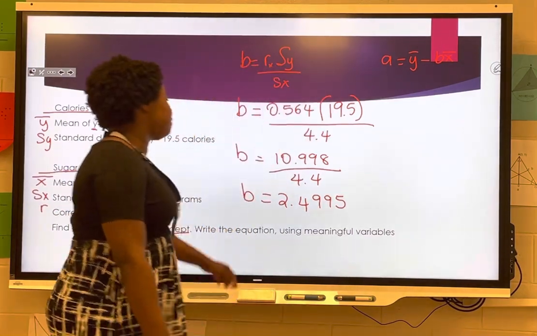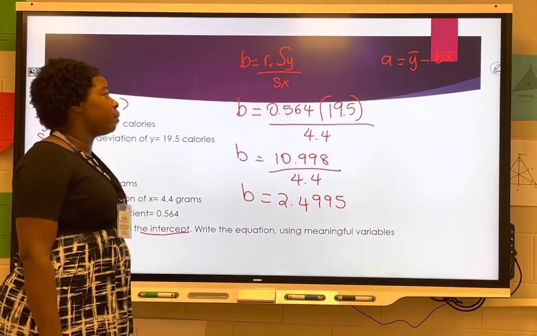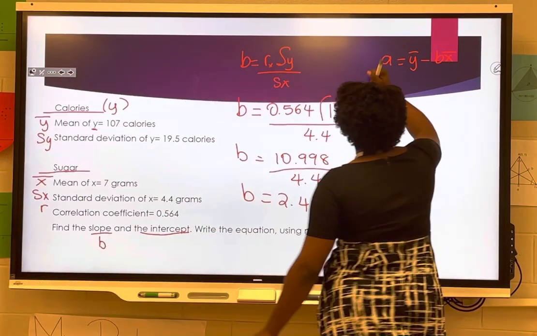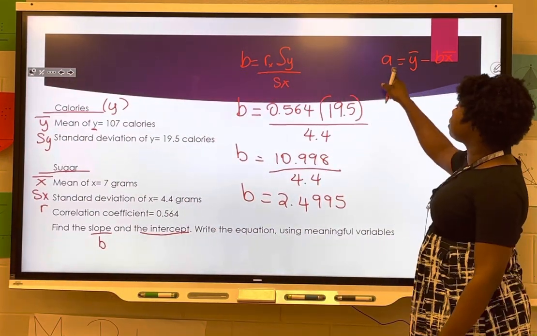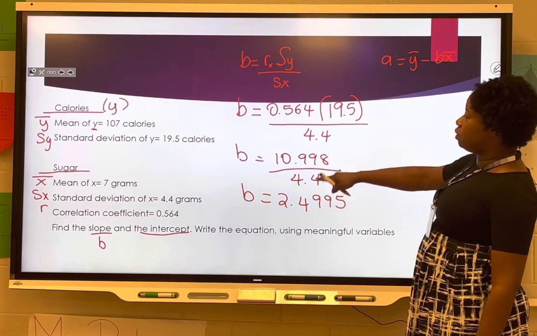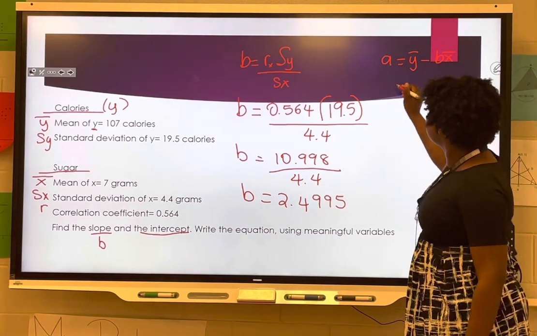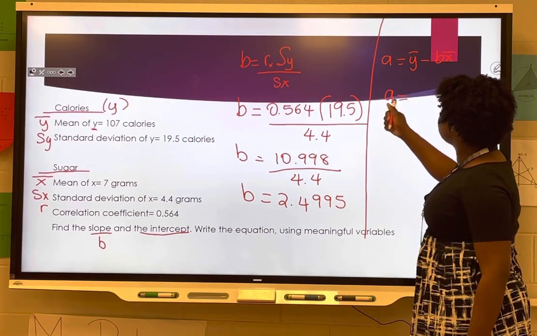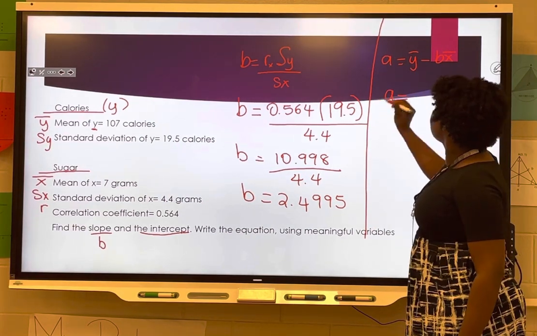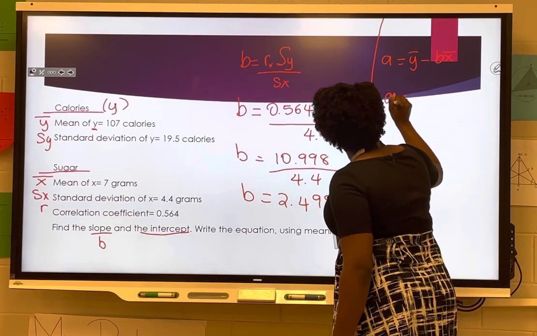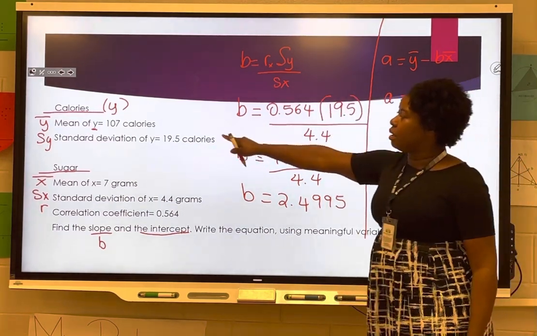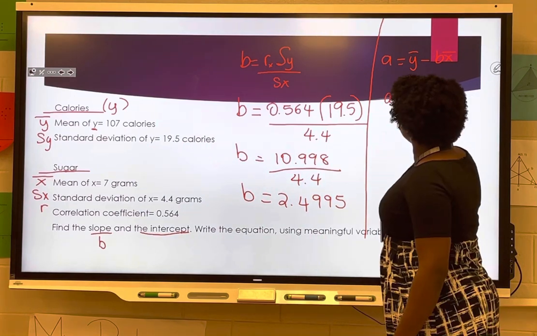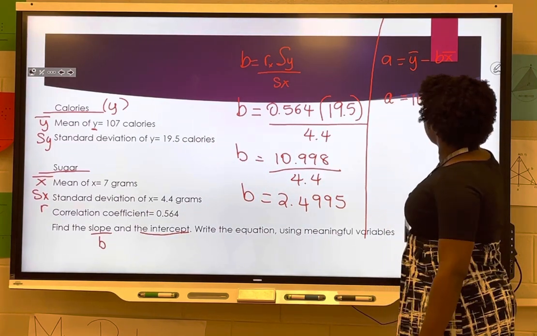Now it's time for us to find our y-intercept, which is our a value. So all we have to do is to substitute the values we have into the formula. So a, let's draw a line down. So a is equal to y bar, which is going to be the mean of y, 107, minus b.